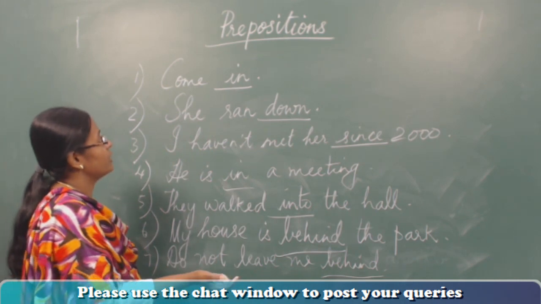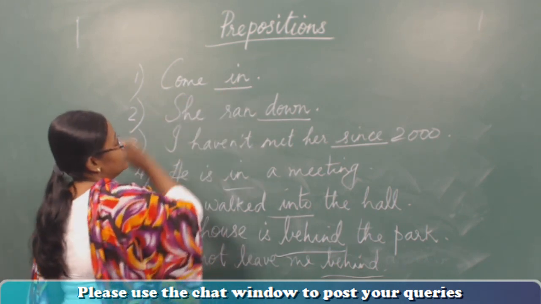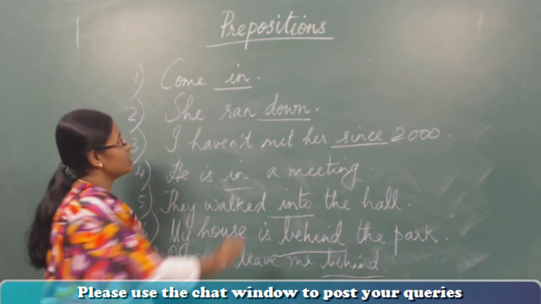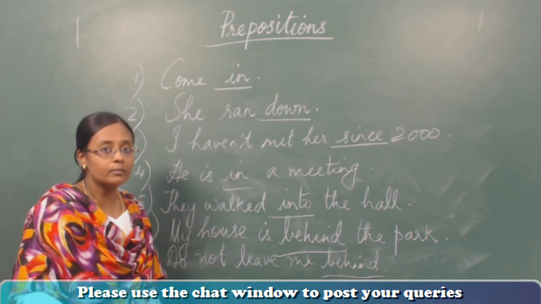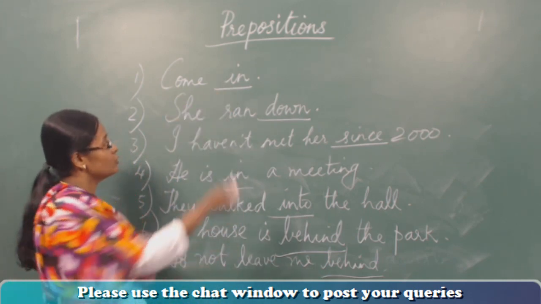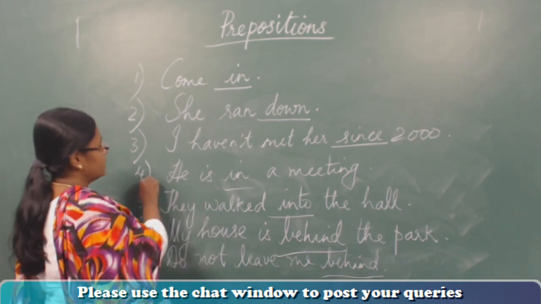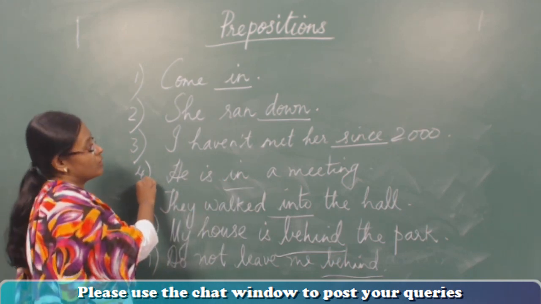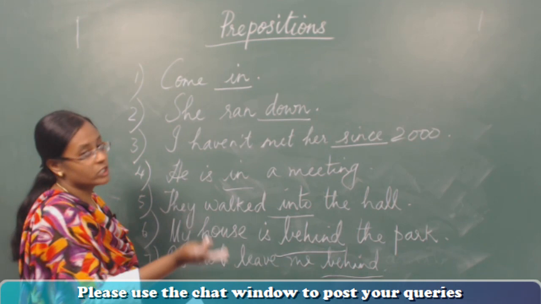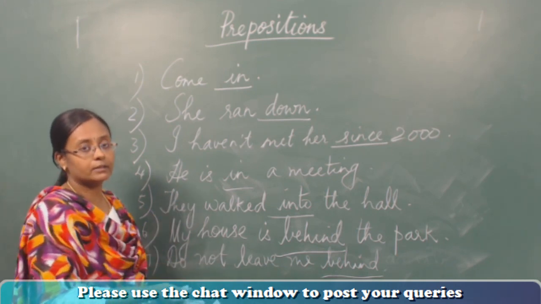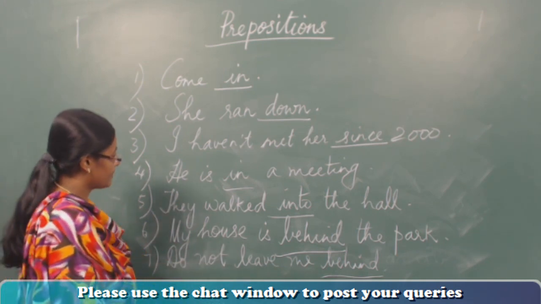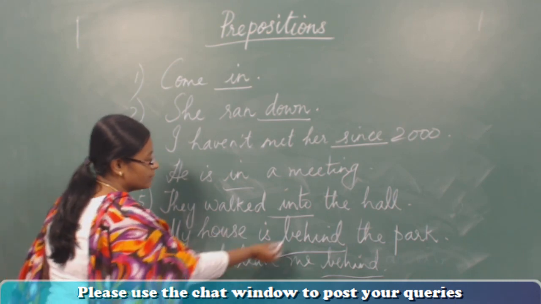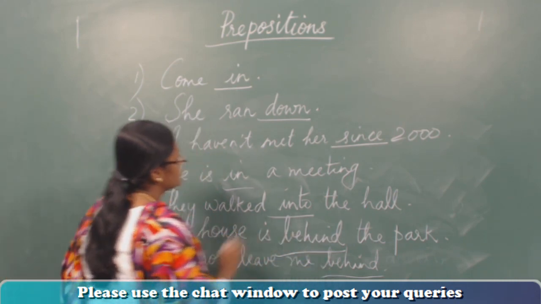So your job is to find out the part of speech of the underlined word. So what is in here? Is it an adverb or a preposition? Now you also see in here, in another sentence, sentence number 4. Now you have to distinguish clearly one from the other, the adverb from the preposition. Same way you see behind in 2 sentences.